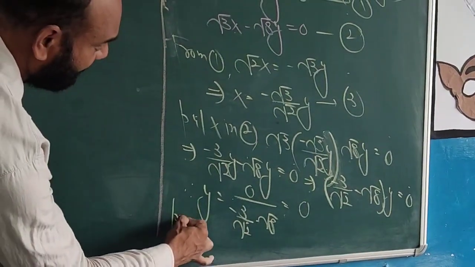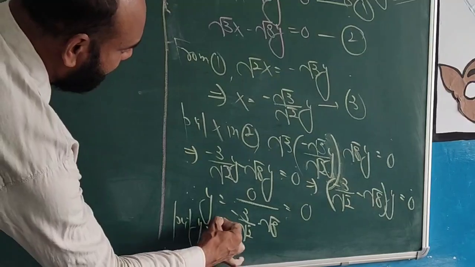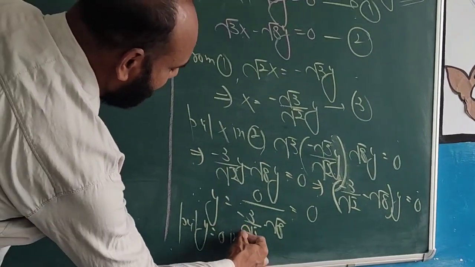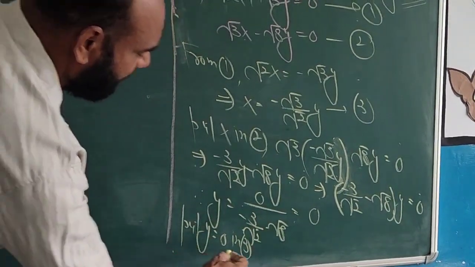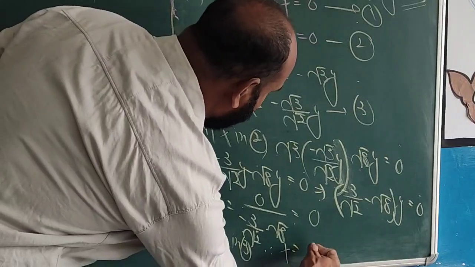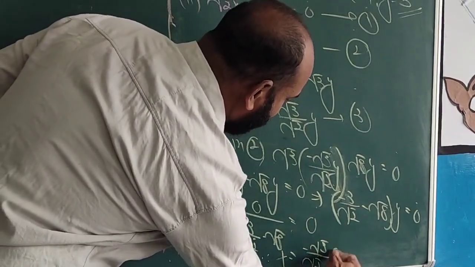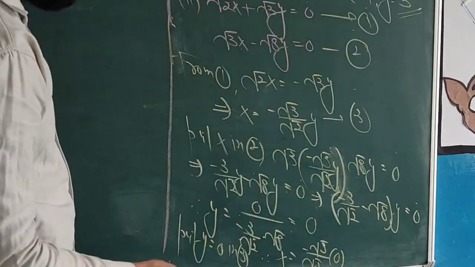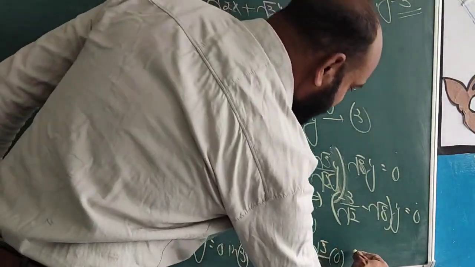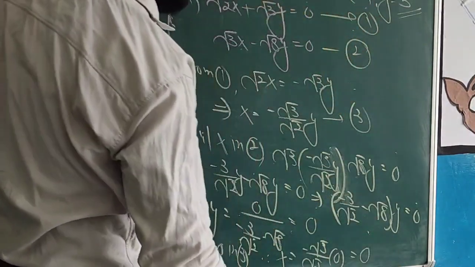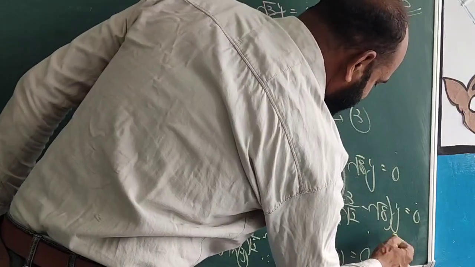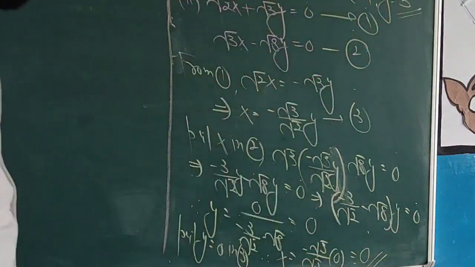Now put y equal to 0 in equation number third. So x equals minus root 3 upon root 2 multiplied by 0, and when any term is multiplied by 0, it must be 0. So we have x equal to 0 as well as y equal to 0.